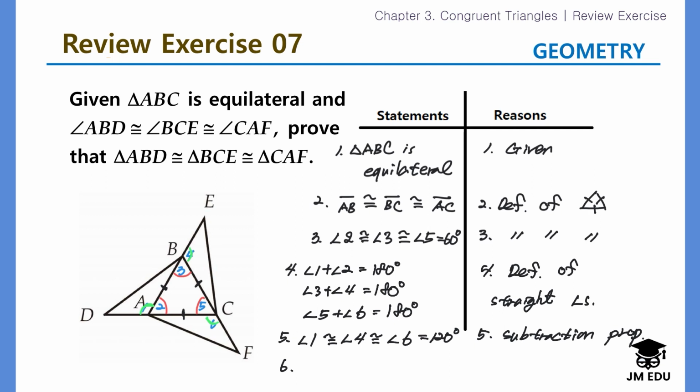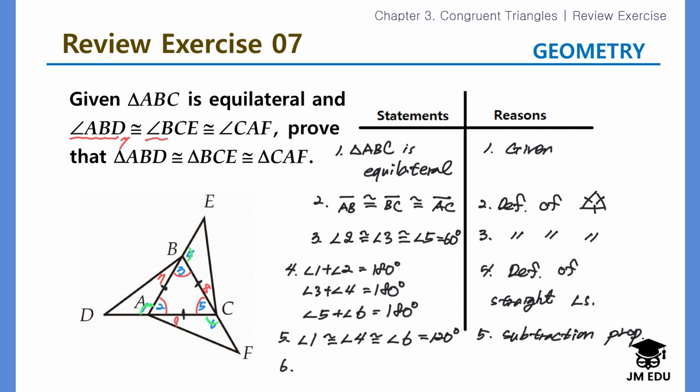Number 6. Here we have given angle ABD. So this angle right here, okay? And well, let me write the number for that angle. So we have 1 through 6. That's number 7 angle. Here, number 8. Here, number 9. Okay? So ABD, that's number 7 angle.